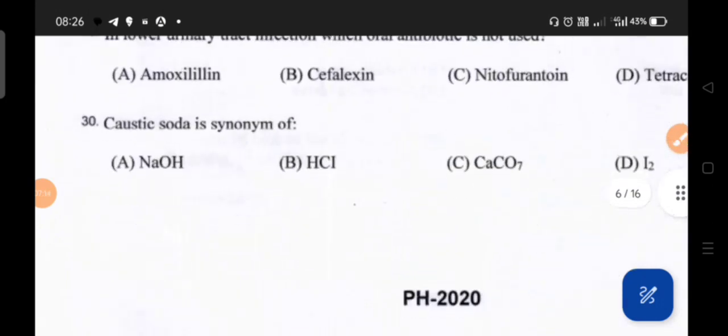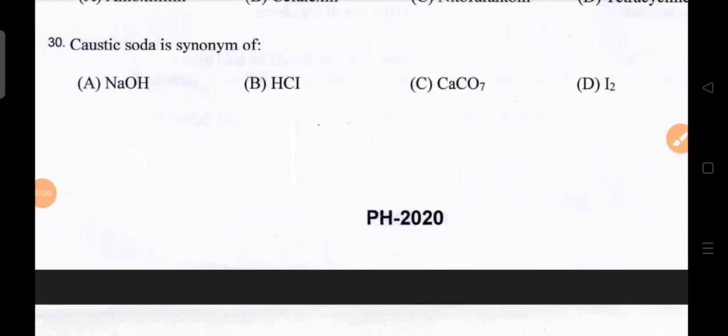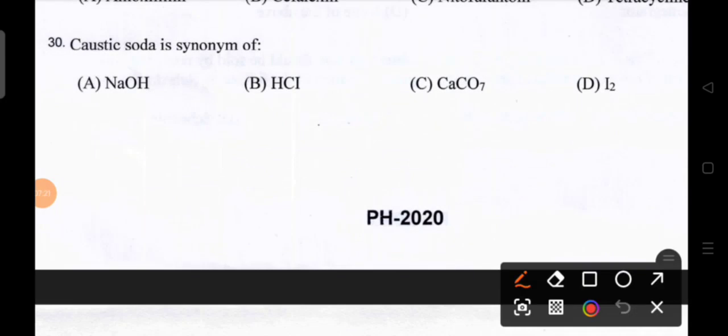Next, question number 30. Caustic soda is the synonym of? Very easy question. It will be NaOH or sodium hydroxide.